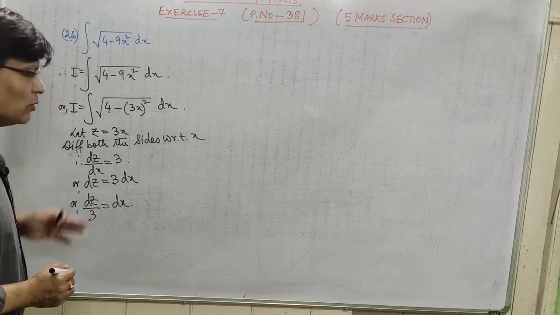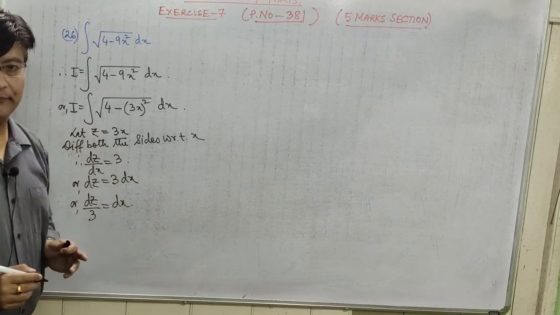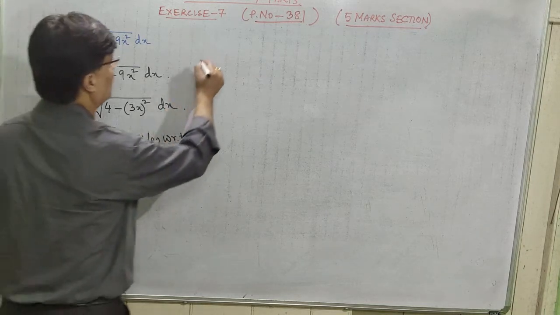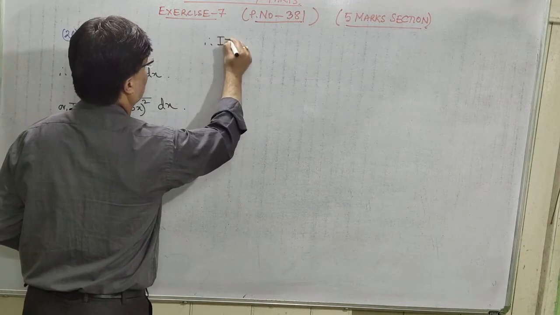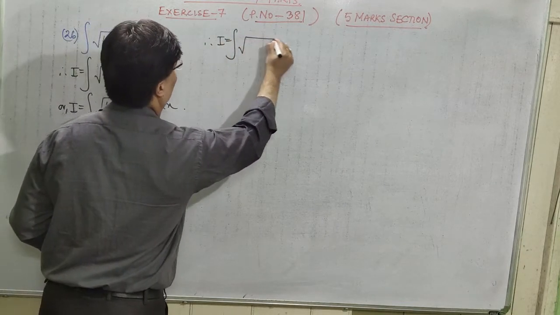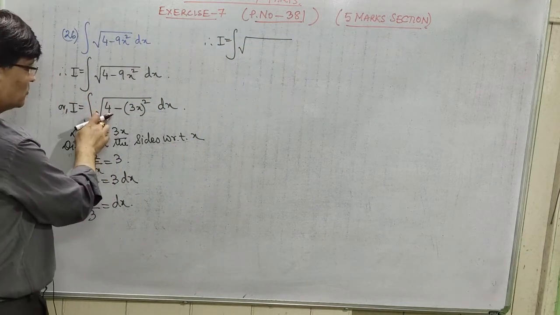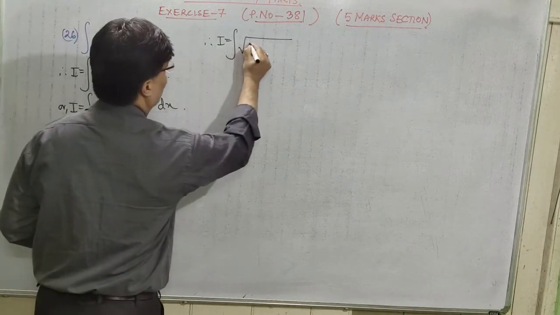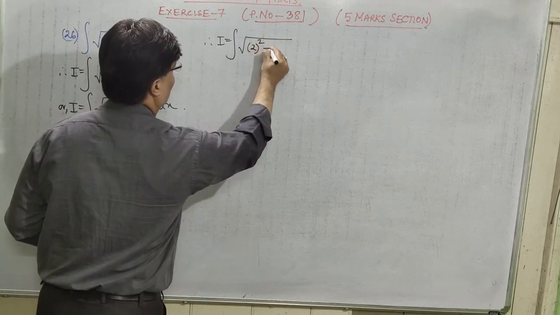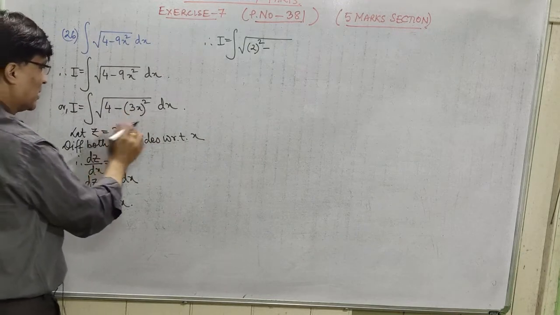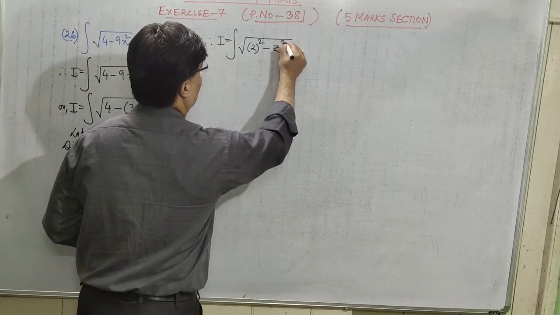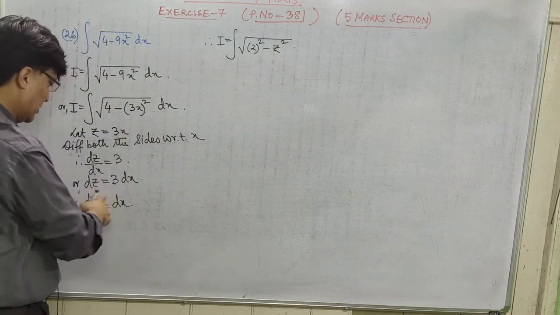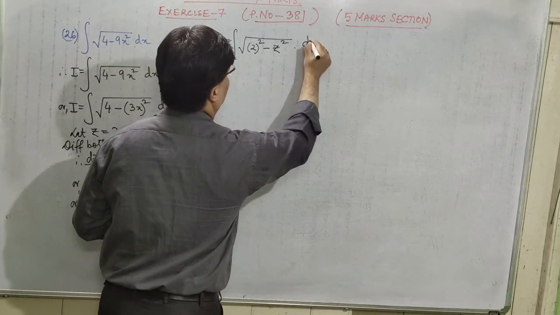Okay. So now let us put these values in I. So what does I become now? So therefore I is equal to integration of within square root. This 4 can be written as 2 whole square minus this 3x can be written as z square into what is dx here? dz upon 3.